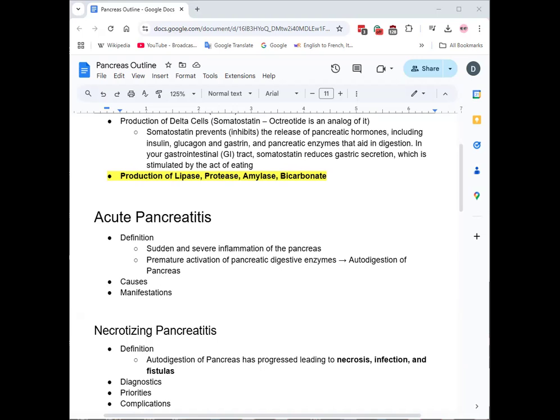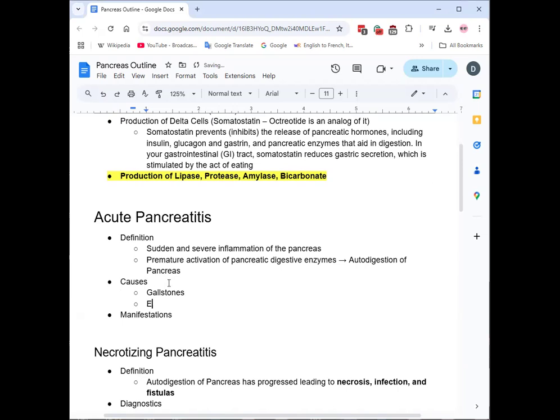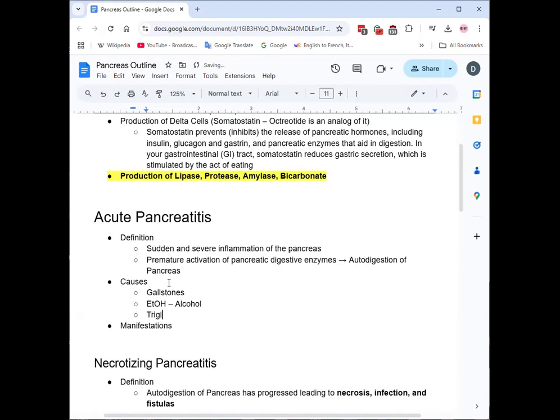But probably the most important and more common ones that you guys mentioned would be gallstones and alcohol, so the ETOH, and then alongside those, triglycerides, a high triglyceride count. Those are going to be the main causes. But your biggest focus overall will be gallstones and alcohol. So probably put more specific, like high triglycerides, here.